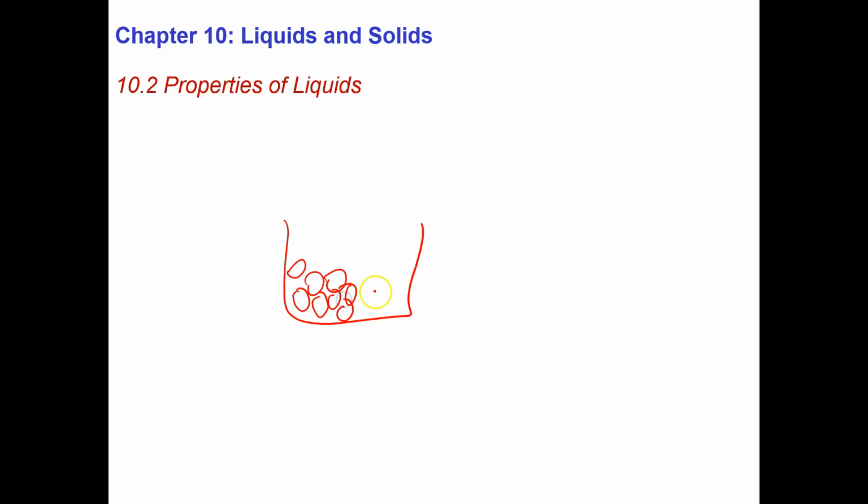This is different from a solid, which we'll look at later in the chapter, where the particles are organized in a very orderly manner, or a gas, where the particles are well separated from each other. Because particles are touching in a liquid, intermolecular forces play an important role in determining many of their properties.